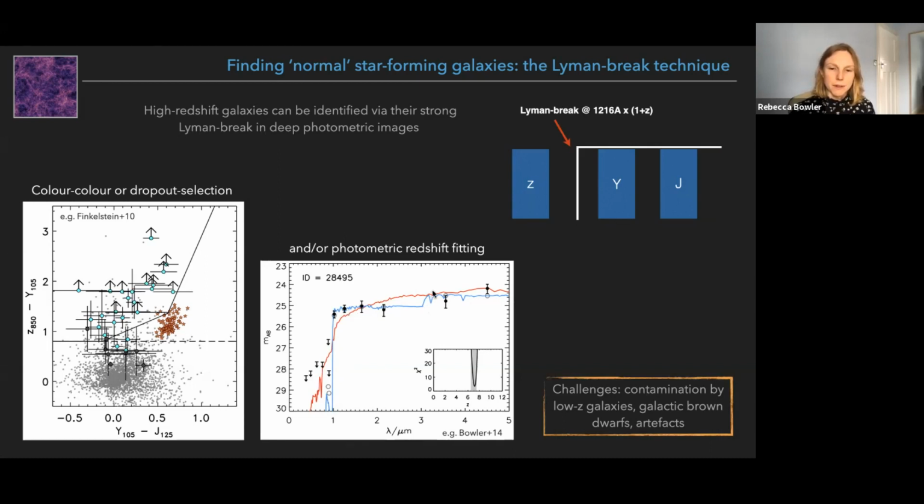But there are also other models that can fit the data to different degrees of goodness of fit, I guess. For example, this red curve is the kind of next best fitting redshift curve, but you can see it's not doing a very good job.